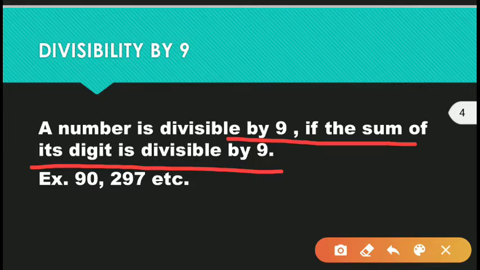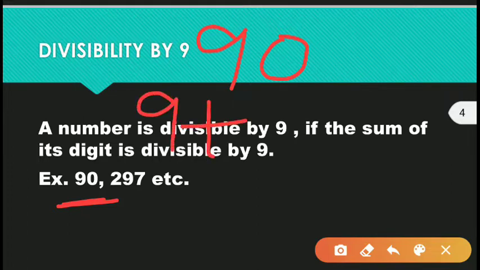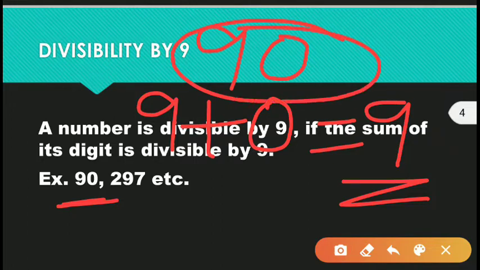So, if the sum of its digits is divisible by 9, then you will say that the complete number will be divisible by 9. Suppose 90 is an example. What will be the sum of its digits? 9 plus 0. This will give you 9. And 9 is completely divisible by 9. That means you will say 90 is divisible by 9.